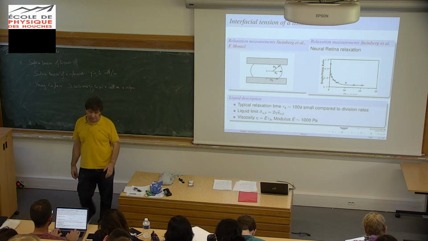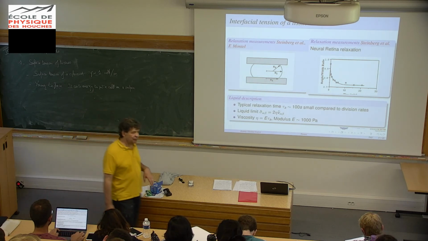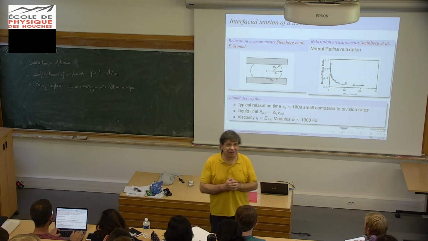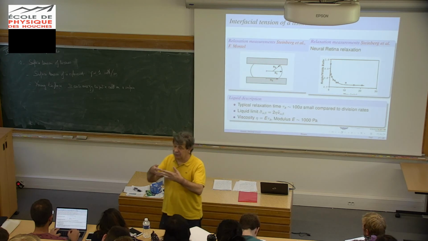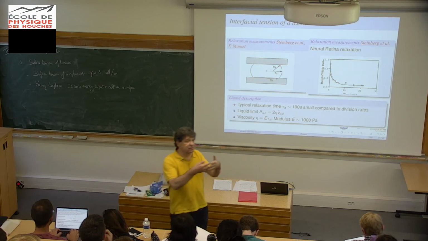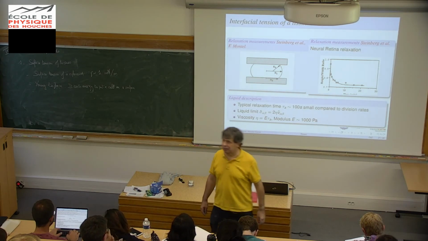So this was the first idea of Steinberg. And so you know about, I mean, I don't know if you know, but biologists know about adhesion molecules. And the molecules, in most cases, that make adherence between cells are called cadherins.